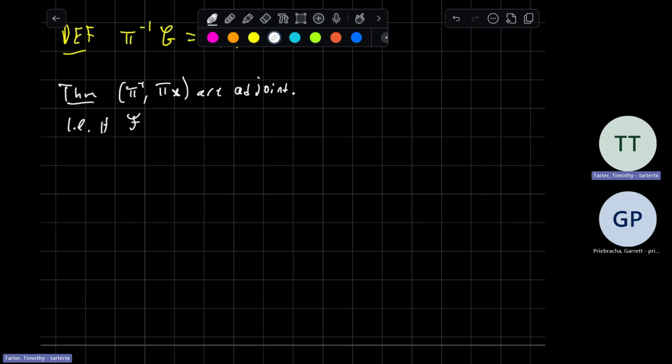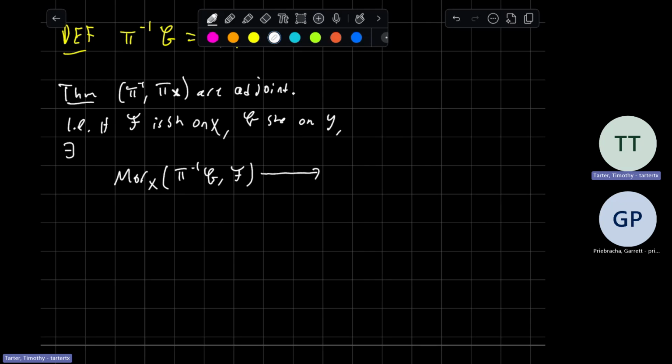If F is a sheaf on X and G is a sheaf on Y, then the set of morphisms on X from the inverse image sheaf to F is in bijection with the set of morphisms on Y from G to pi star F.